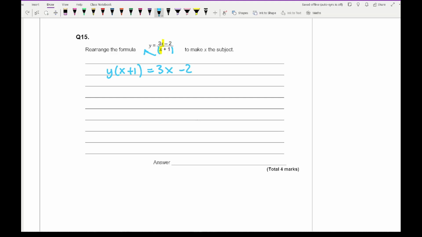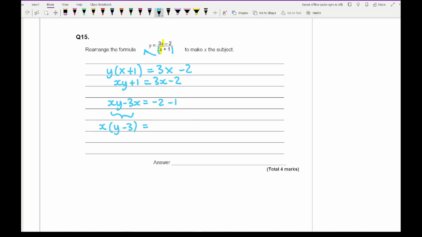Then if I multiply out the left hand side, I get xy plus y equals 3x minus 2. And then what I then want to do is get all the x's on one side and everything else onto the other. So I end up with xy minus 3x equals minus 2 minus y. Now I can't simplify this, but one thing I can do is factorize it.